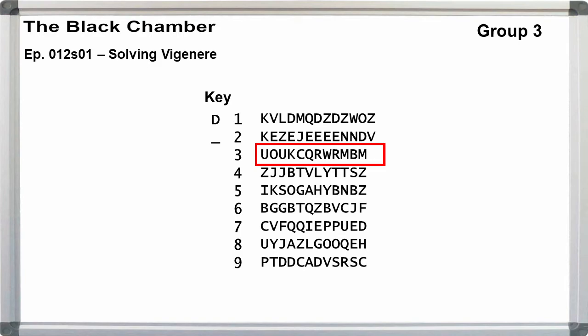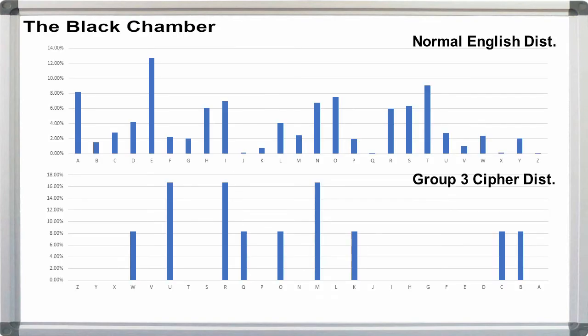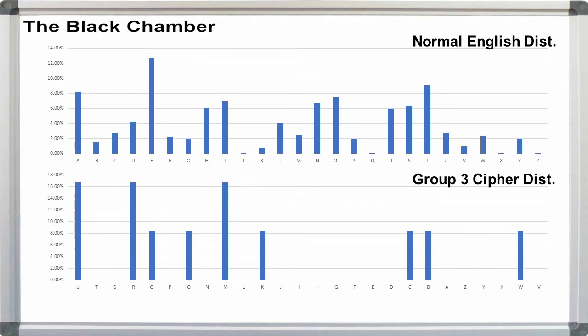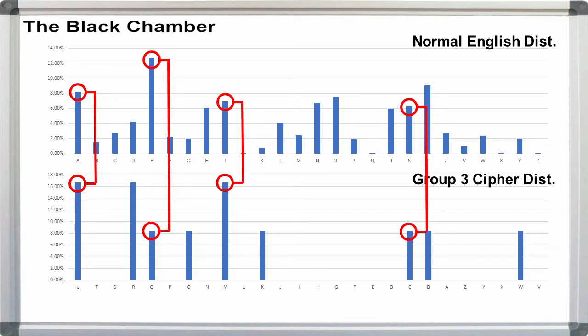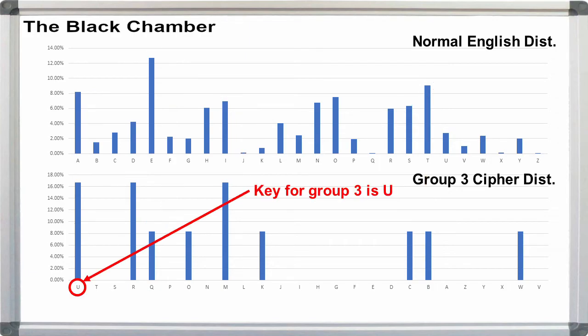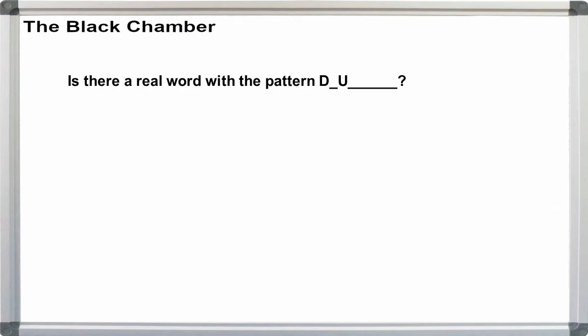Try group 3. Shifting the graph so that A equals U, we kind of get matches on A, E, I, S, and T. We can now ask, is there a real 9-letter English word that starts with D something U?